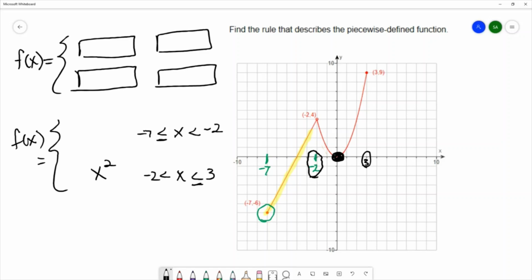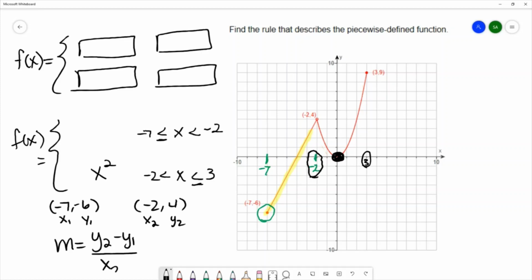And then for the linear function, we have 2 points on the line, and we can find the slope and then the equation of the line. So the 2 points on the line for this one are (-7, -6) and (-2, 4). I'll let one point be (x1, y1), the other one (x2, y2). I can calculate the slope using the formula y2 minus y1 over x2 minus x1.